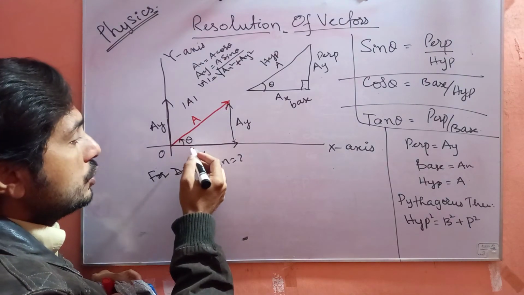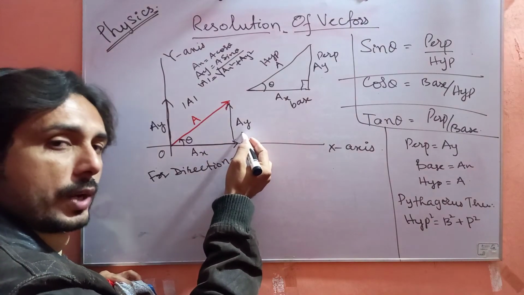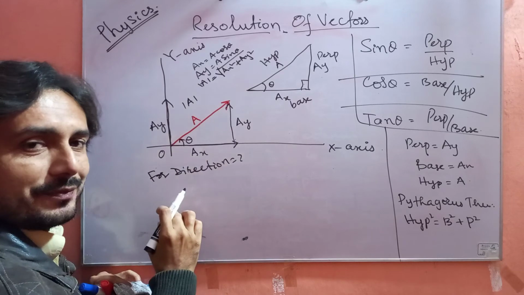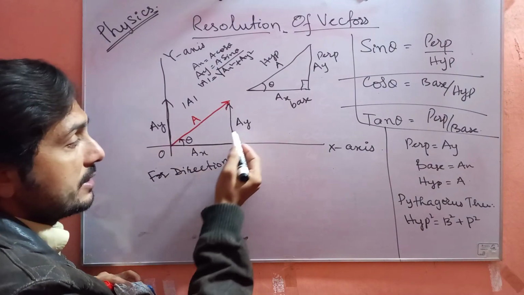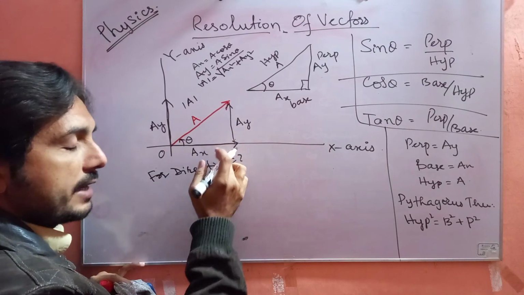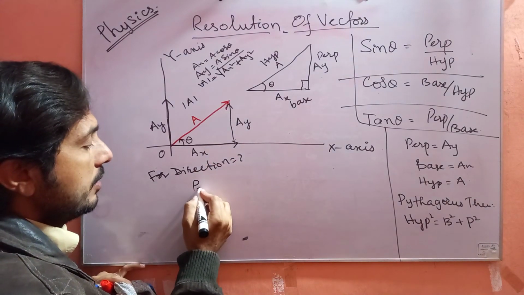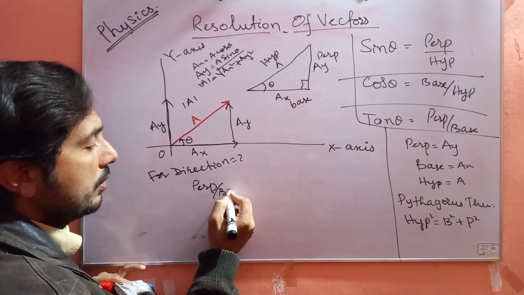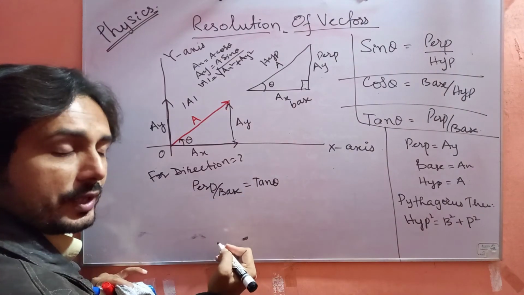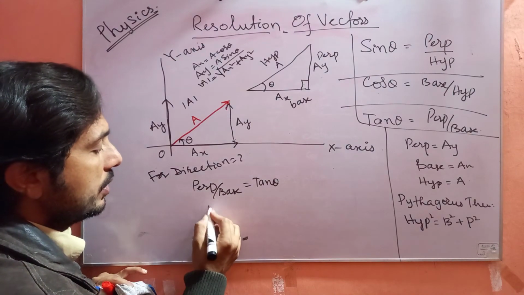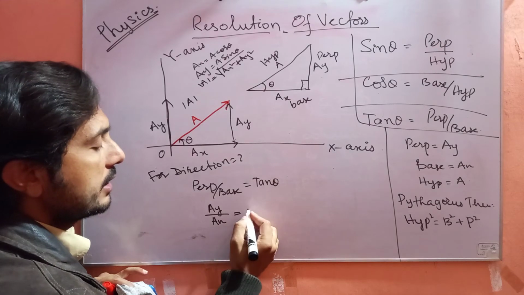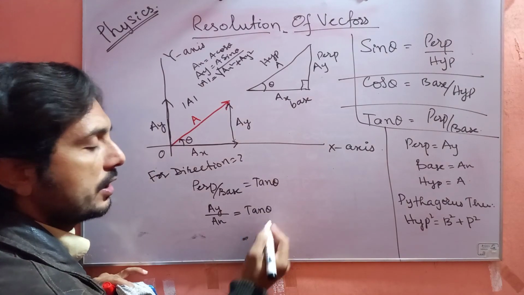So we are going to use the x-axis and the y-axis together to determine the direction for this given vector. As you can see, this is the base and this is the perpendicular. So for direction, we would use perpendicular and base, and since we know that perpendicular upon base is equal to tangent theta, now perpendicular is Ay and base is Ax, and it is equal to tangent theta.